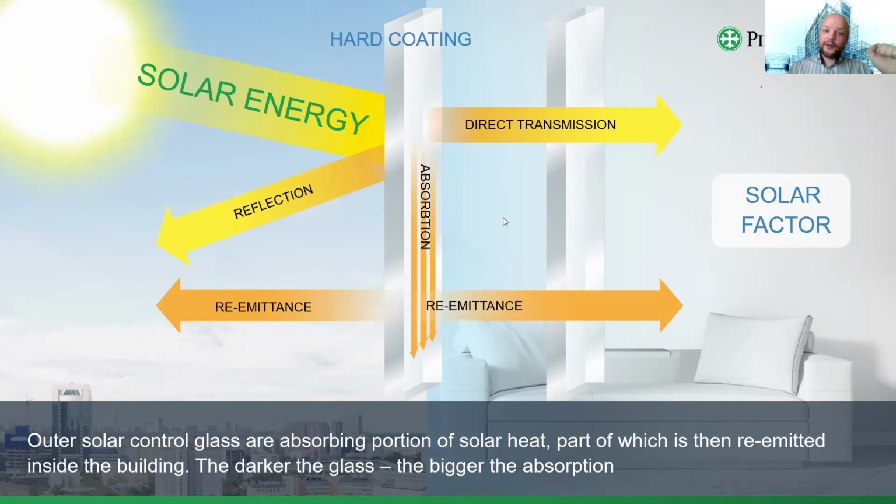What do we get here? The darker the outer glass, the more it absorbs. So the more of the solar heat stops being solar heat, but instead, after absorbing and re-emitting, the re-emitted heat is on a completely different wavelength.